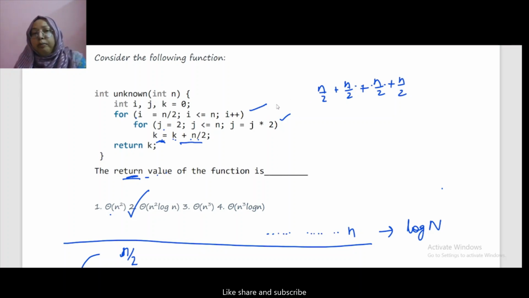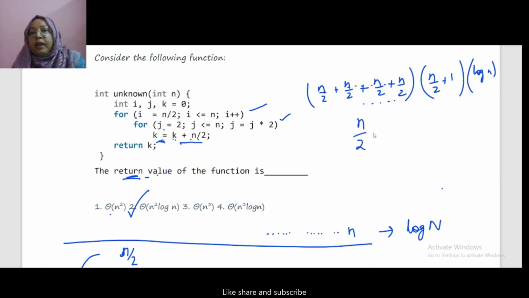The outer loop is running n by 2 plus 1 times, and the inner loop is running log n times. So this will be n by 2 into n by 2 plus 1 into log n, so it is n square log n.